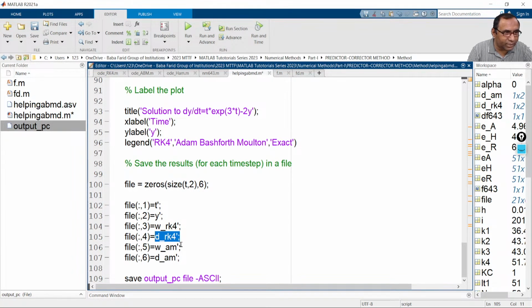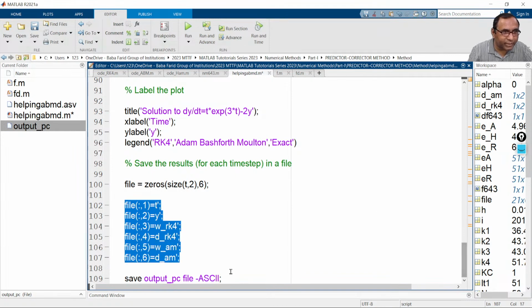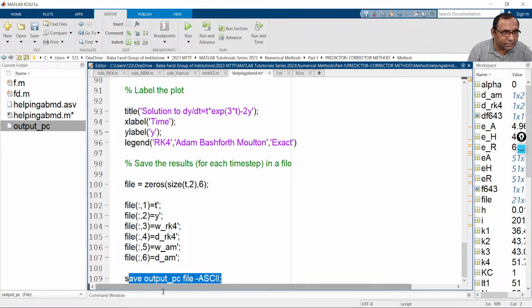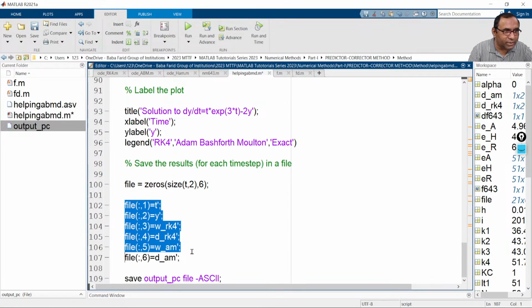Then we have the Adam Moulton method. This will be the difference, absolute error, exact and Adam Moulton. And all these numerical solutions will be saved in this file. Save the output underscore pc file hyphen ASCII. So the numerical solutions of these equations will be saved in this file.